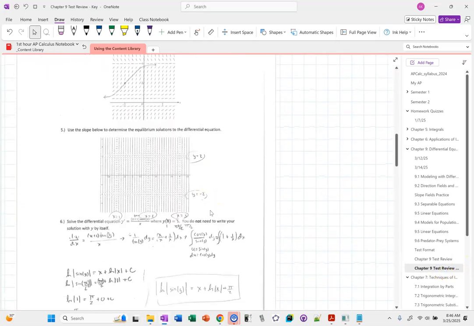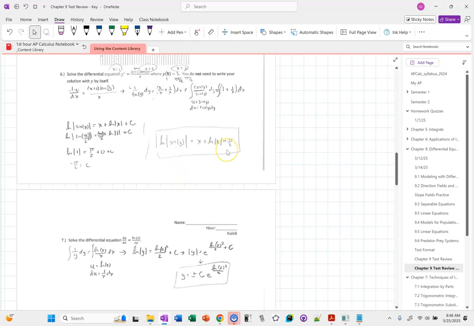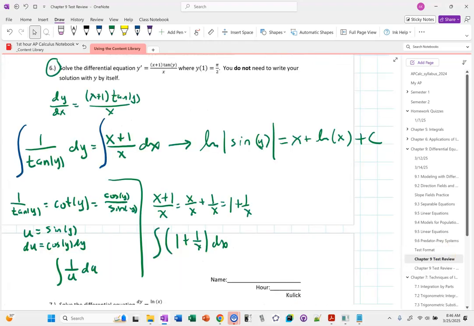I make a mistake here. Okay. So now we just need to use that boundary condition, right? But I don't think I did that right on the review.